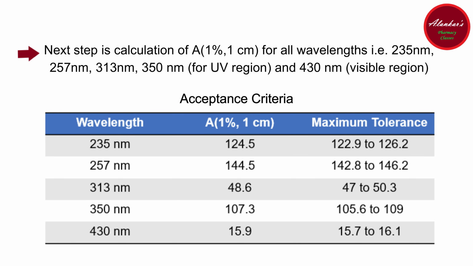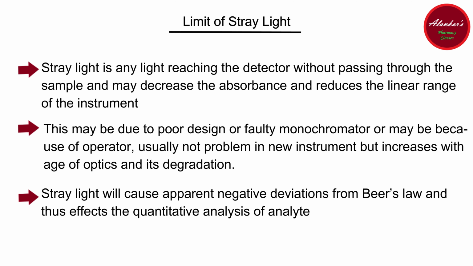In this table, the acceptance criteria is shown. The UV spectrophotometer passes this test if the readings are within the maximum tolerance limit as shown in the third column of this table.